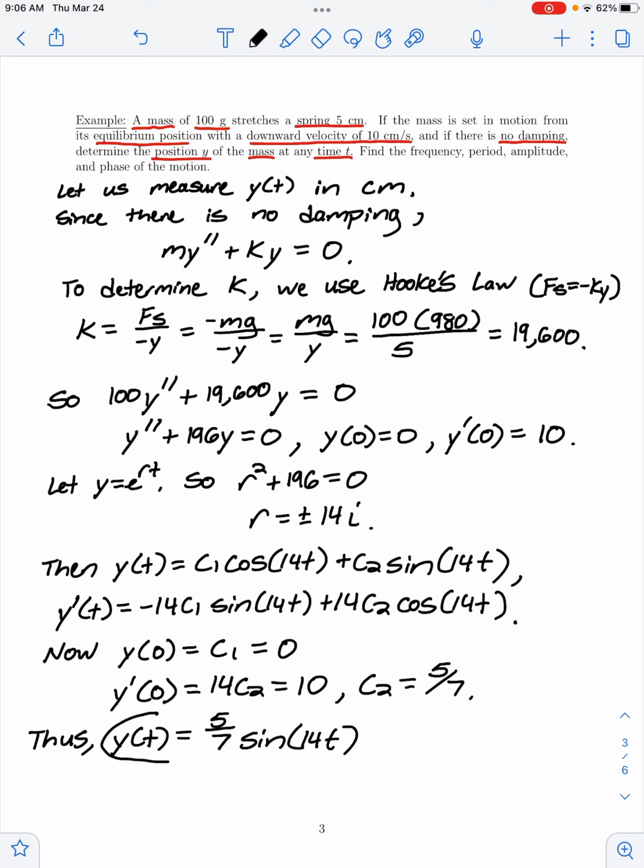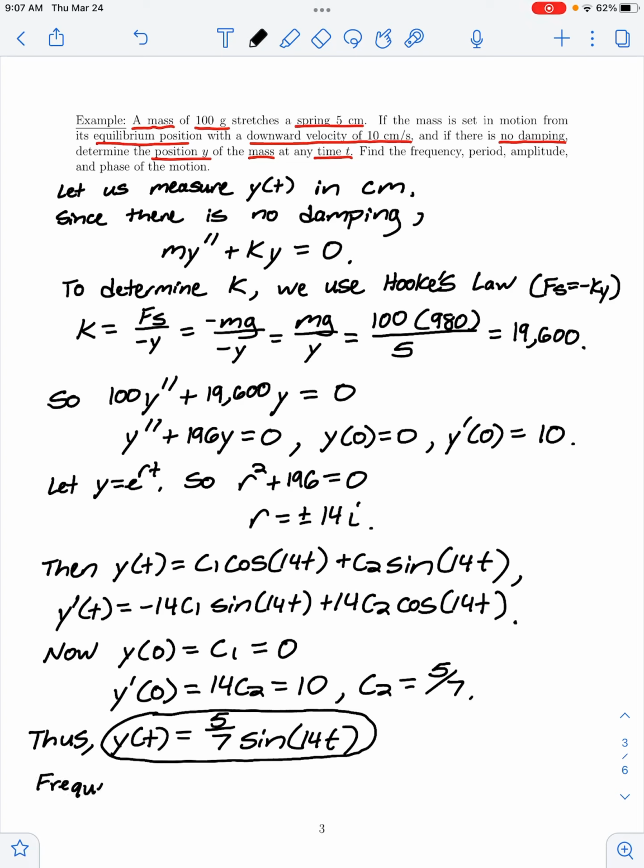So we have the displacement of our mass in centimeters after t seconds is given by this y of t function. And then we were asked to determine our frequency, period, amplitude, and phase. So let's look at it.